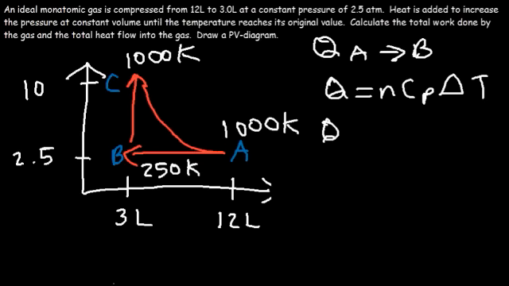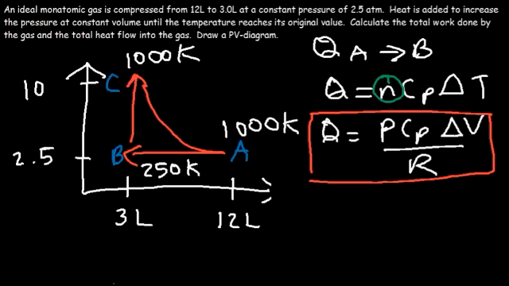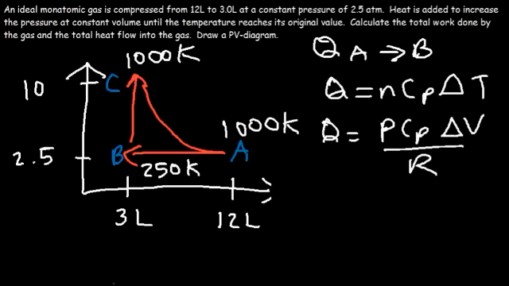Or we can use the other equation, Q is equal to P Cp delta V divided by R. Ideally, we want to use this equation because we have the pressure and the change in volume. We don't have the moles. We do have the temperature, but if we use the first one, we need to find n, which we could do using the equation PV equals nRT. We could find it at any point, A, B, or C. But we don't have to do that, so let's use this equation.